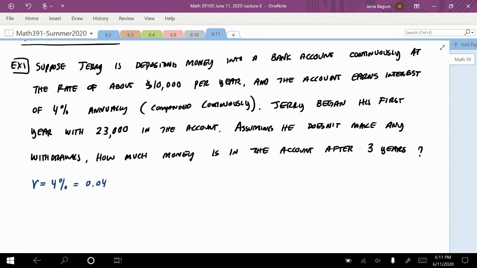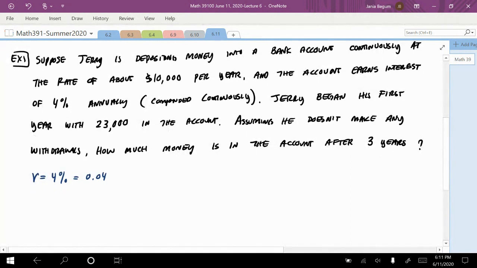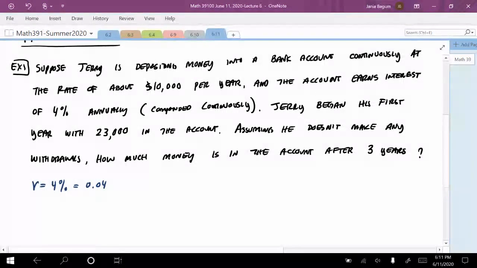We have the K value, which is 10,000. And then he begins his first deposit with 23,000, so you can think of that as the initial amount.